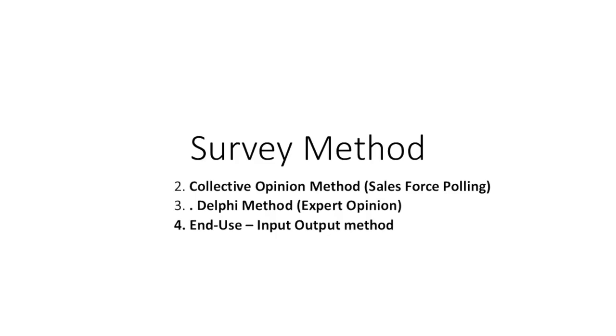Now apply the input output coefficients to determine how much of the intermediate product is needed for each unit of the final product. Then aggregate the demand: sum up all the requirements across all the end user industries to estimate the total demand for the intermediate product. Okay.